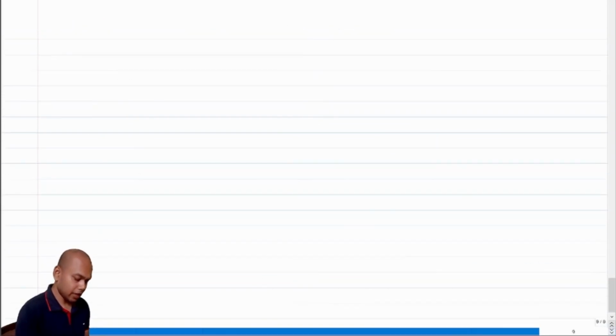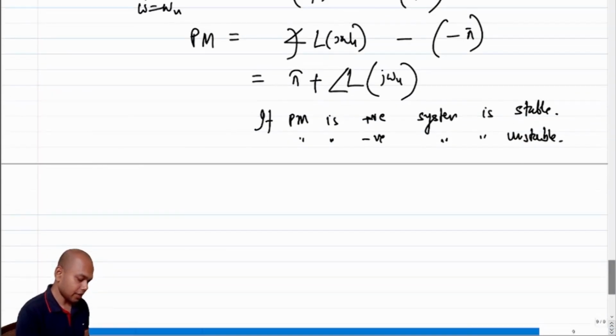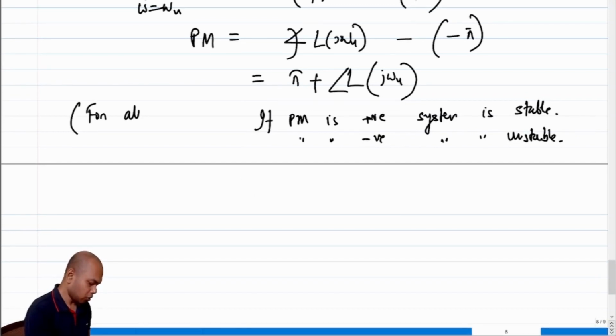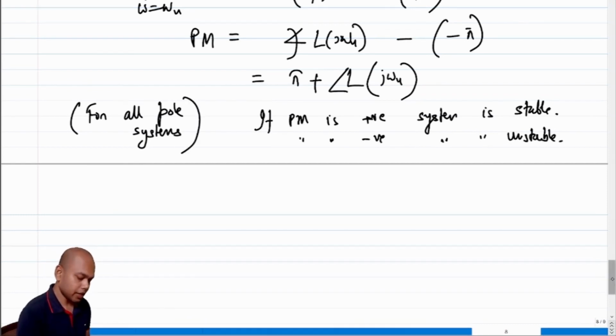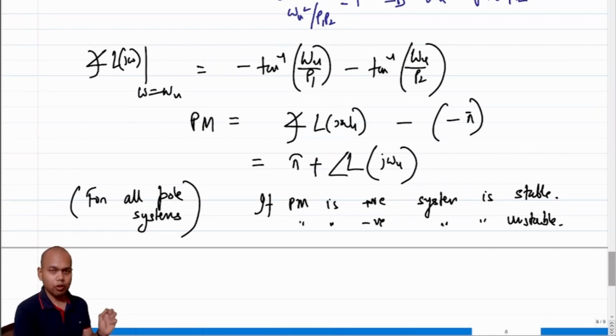Note that, again, let me put in a caveat. The analysis that we have done in this case is for all pole systems. Strictly speaking, this analysis is true for all pole systems. However, we will also be using this similar analysis even if we have zeros, and we'll see that going forward, right?